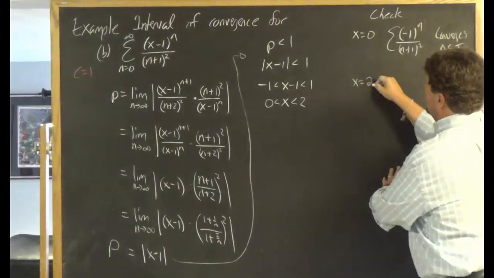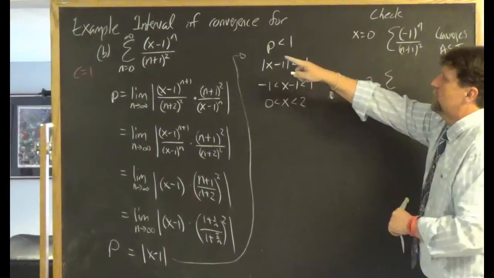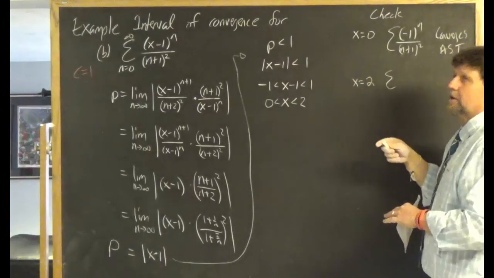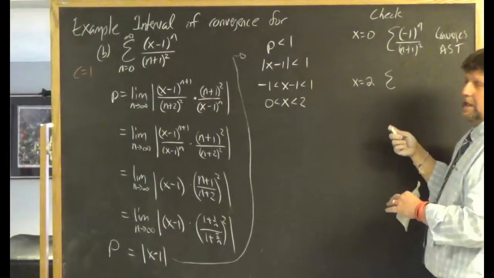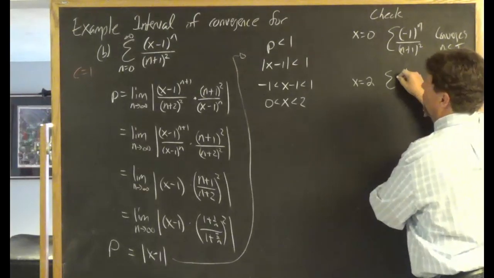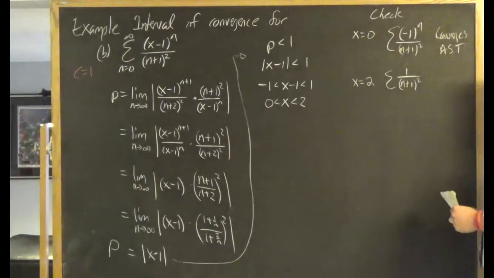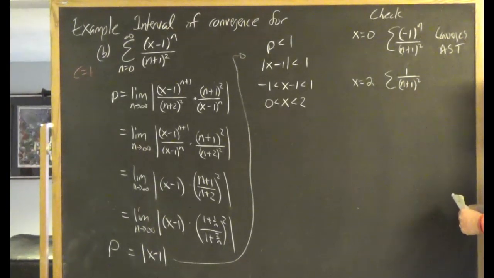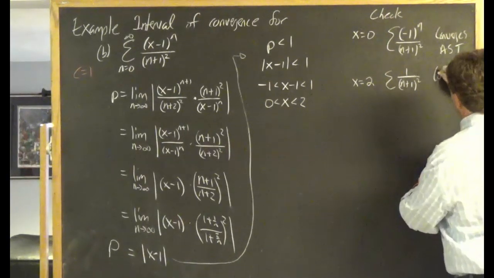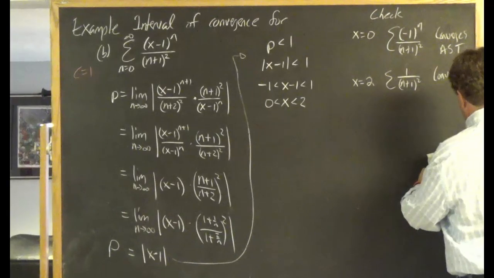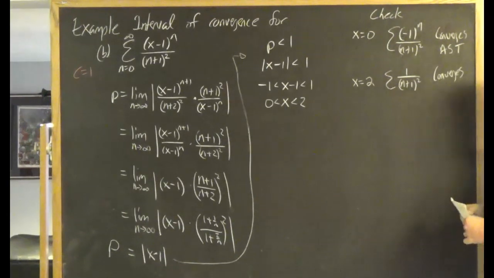Now when I check x equals 2, I put 2 back in for x. 2 minus 1 is 1, and 1 to the n power is just 1. So I have 1 over the quantity (n plus 1) squared. Does that converge or diverge? Again, I'm going to say it converges. I'm going to leave it up to you to verify why. I'll mention one of two ways, and you should check this.